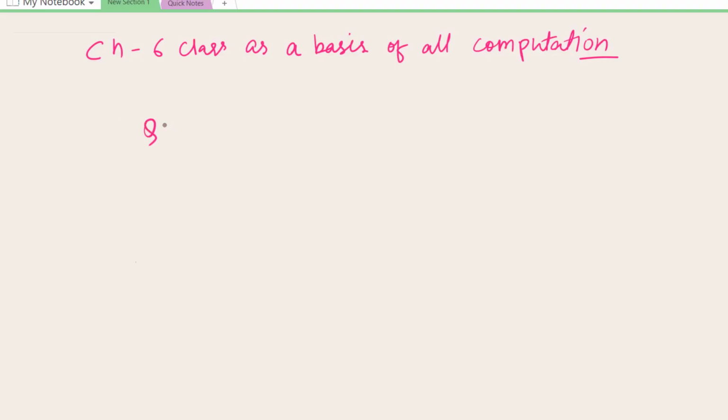So question 2. You must know that Pythagoras theorem states that p square plus b square equals h square. It means the sum of squares of perpendicular and base of a right angle triangle equals the square of hypotenuse. So for example, 3 square plus 4 square equals 5 square.